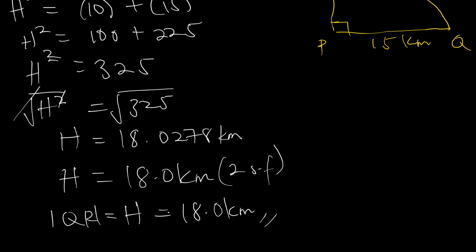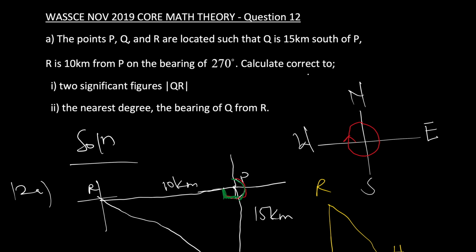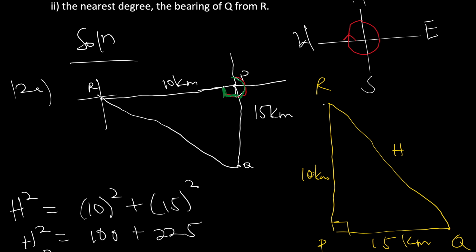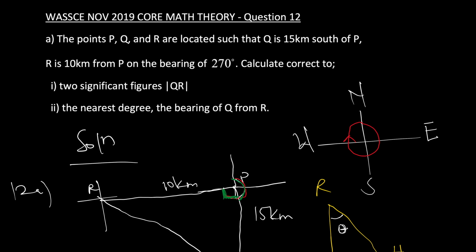Now that brings us to the end of question 12AI. Moving on to question 12AII. It says, calculate, correct to the nearest degree, the bearing of Q from R. The bearing of Q from R would be this, which includes our theta.